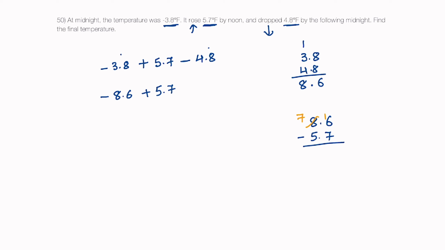So this becomes 16 minus 7, which is 9. Decimal point, 7 minus 5 is 2. So that's 2.9 and the sign of the larger number, which is negative. So the final answer is minus 2.9. You will write the whole sentence: the final temperature is minus 2.9 degrees Fahrenheit.